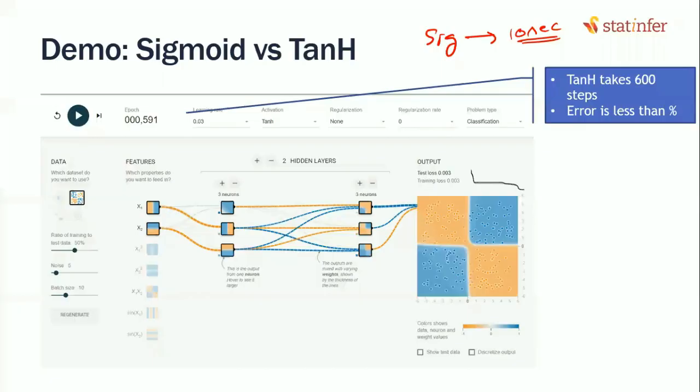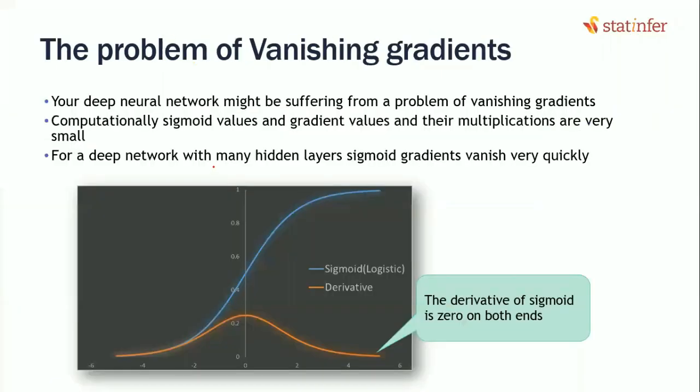Now we need to understand that both sigmoid and tanh look like an S curve. Yes or no? When the value is really high or really low, that means when the sigmoid is near 1 or near 0, at both places the derivative is near 0.